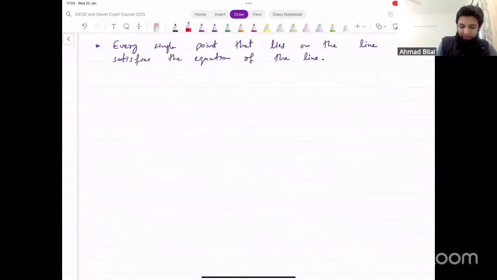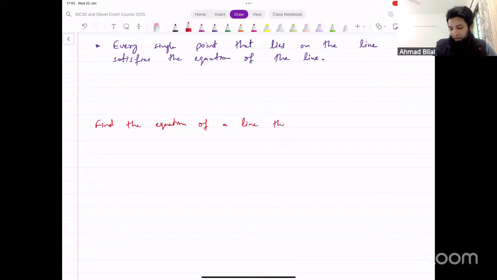Let's say we have a problem like this, that we want to find the equation of a line that has gradient -2 and y-intercept, or let's say y-intercept 3.